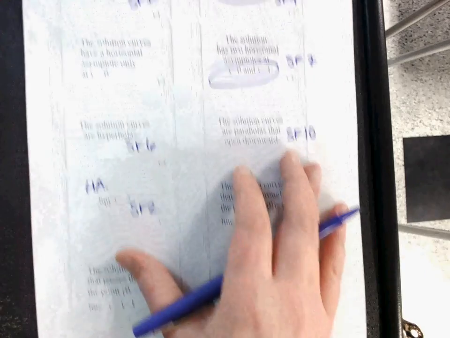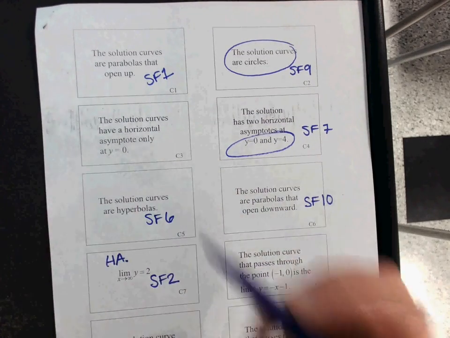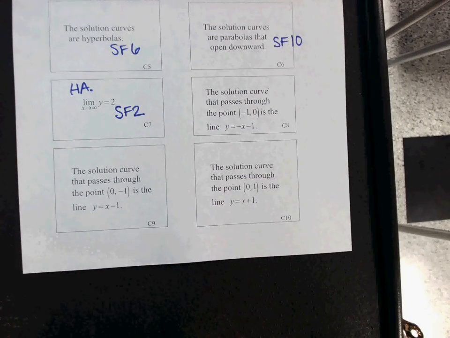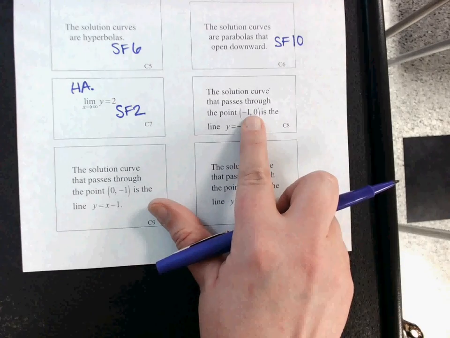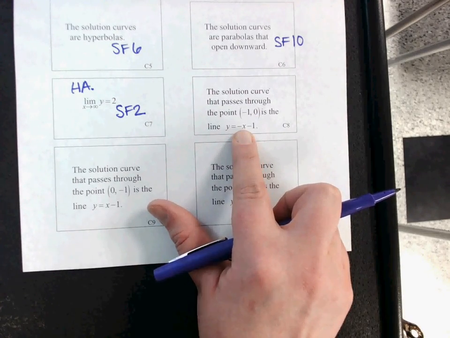Then a couple more left. We want to have horizontal asymptotes only through y equals 0. Which one would that be? 4. Very good. Then the last couple that are left. This one says at -1, 0. It should be negative x minus 1.